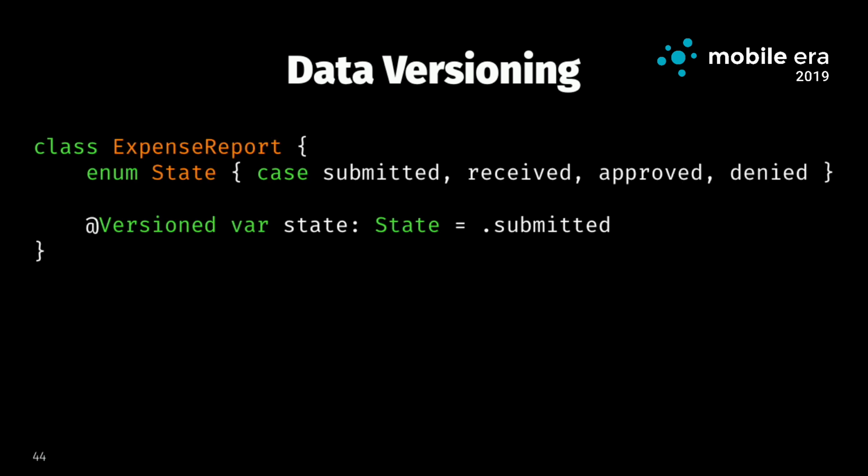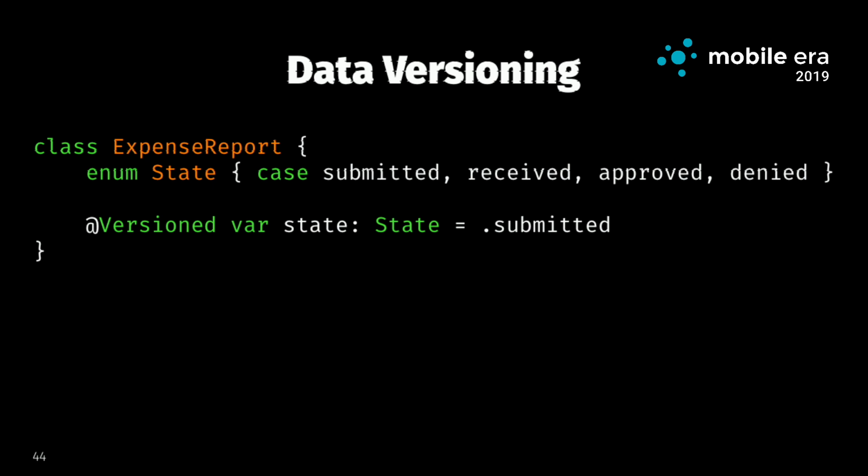Then, for instance, we could imagine that we have some class called ExpenseReport that is modeling business logic. We are working on an accounting application, and we say an expense report can have four states. They can be submitted, received, approved, or denied. The state, we decorate it with @Version.